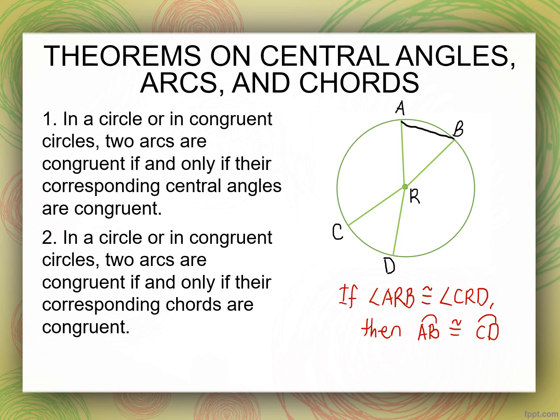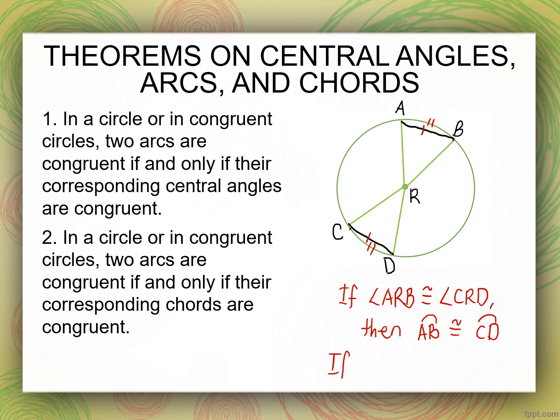Okay, so we have here chords AB and CD. Okay, so based on the theorem, if chords AB and CD are congruent, then arc AB is also congruent to arc CD.